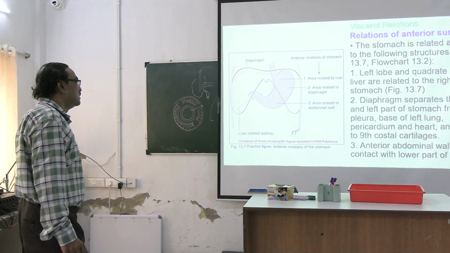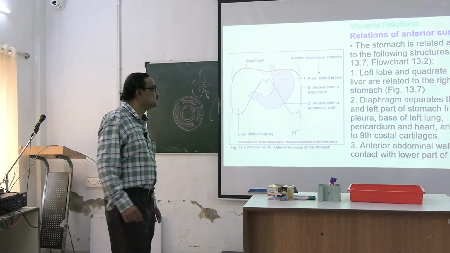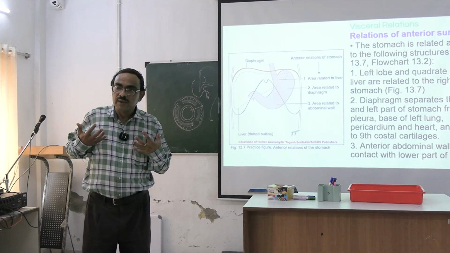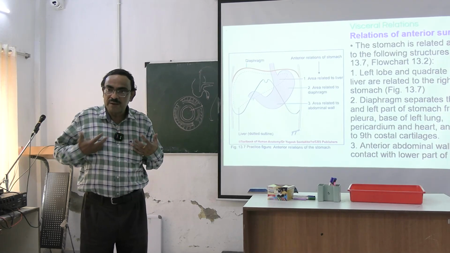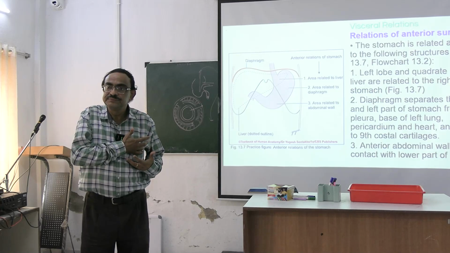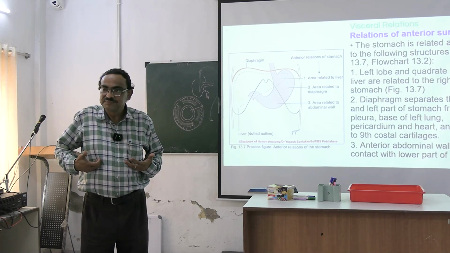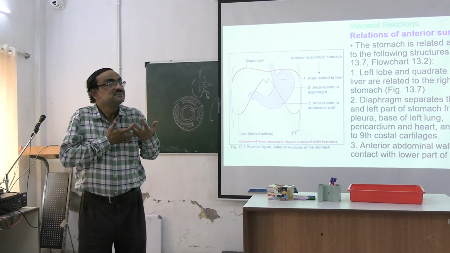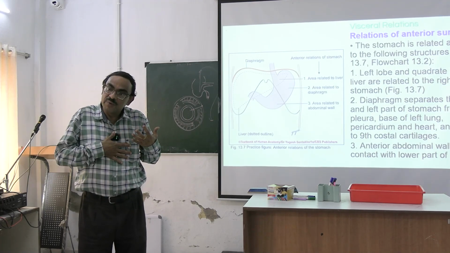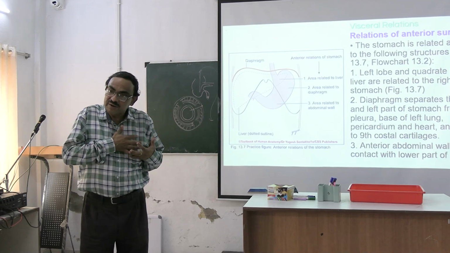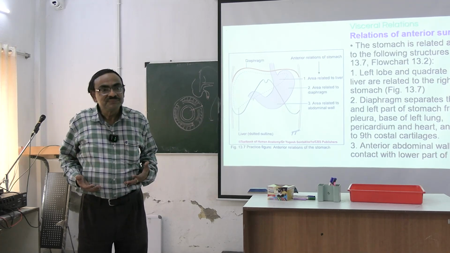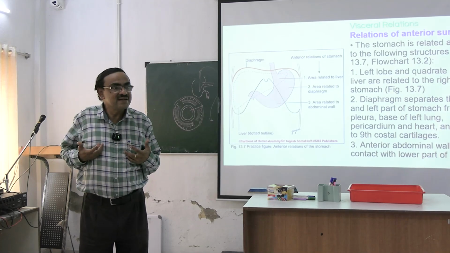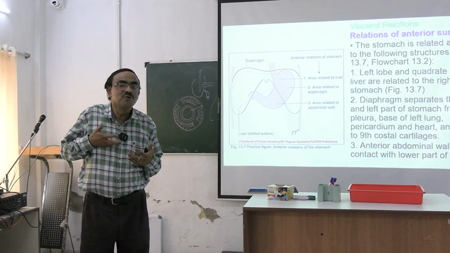Now, if we go above the stomach, what will we get? Diaphragm. On the left side, we will get the diaphragm, above the diaphragm the left lung, and on the right side you will get the left lobe of the liver.